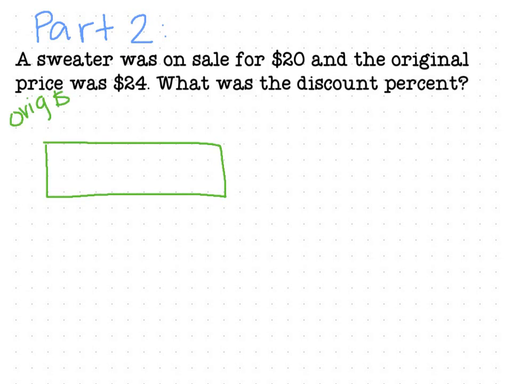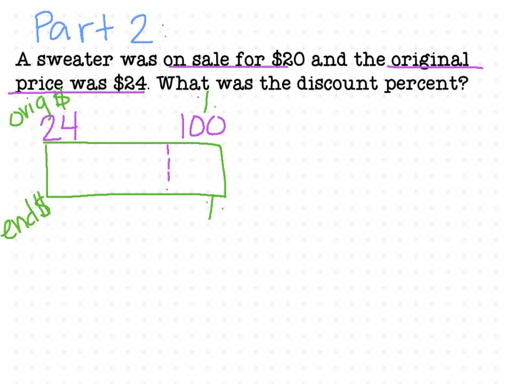We have original dollar, original percent, and the bottom is our end dollar and end percent. We know our original percent is always 100. And since this is something that's on sale, we know we're going to take something away. Our original price is right here, $24. And the end price, or the sale price, is $20.